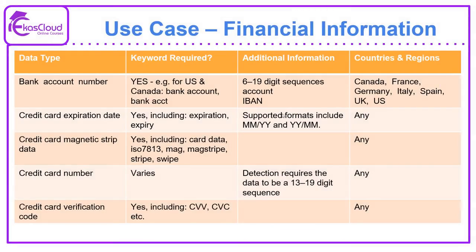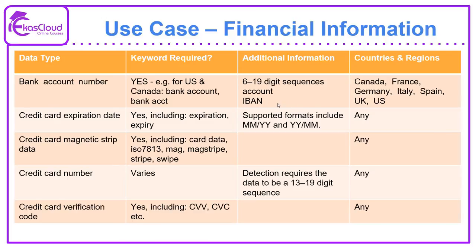So the next slide is just on a quick use case, like a table of when Macie is reviewing the kind of financial information that might be stored within your bucket. So we've got data types like your bank account number, and the keywords for Canada and US will be your bank account number, your bank account details, and additional information that Macie will be looking for will be anything within a 6 to 19 digit sequence.